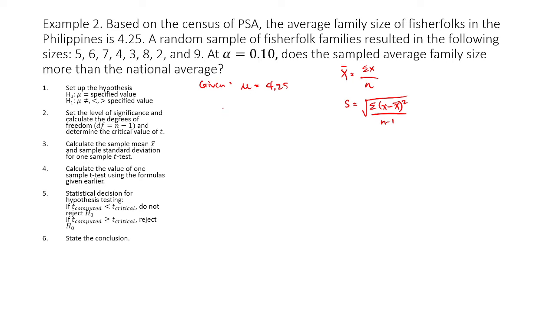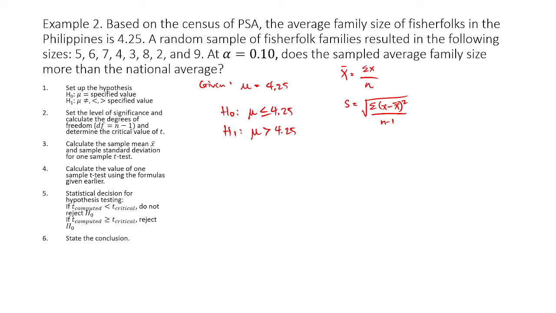So, for our hypotheses, ang sabi dito, greater ba daw? Yun yung ilalagay natin dun sa ating alternative hypothesis. Na kailangan natin lang ilagay na ang mu daw ay greater than dun sa ating 4.25. Meaning to say, our H0 is we will have a mu that is less than or equal to 4.25. Okay?